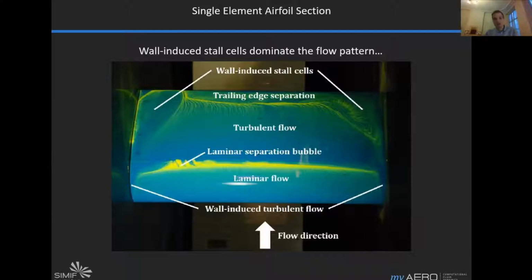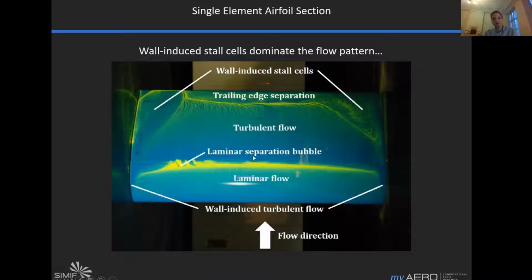And this is the result under ultraviolet light. So I'll guide you through the flow pattern a little bit. If we start at the center section, the flow direction is from the bottom upward. And at the nose, we have laminar flow over the body up until maybe 15–20% chord, and where all this oil accumulates, that's where the laminar separation bubble is.